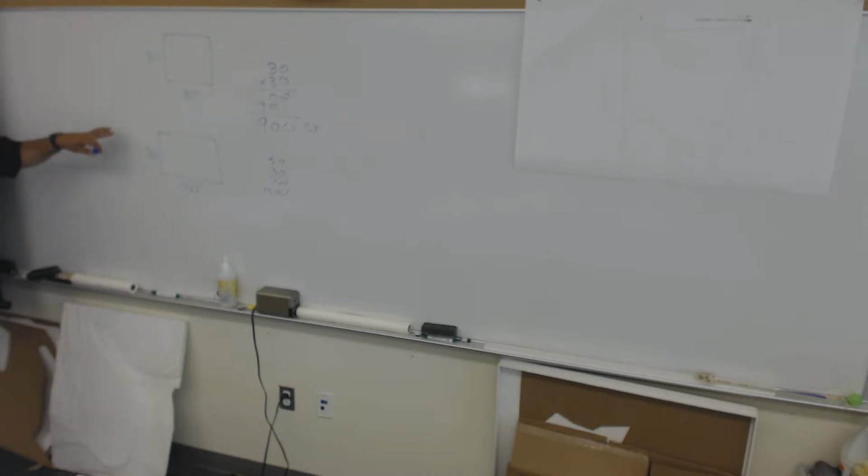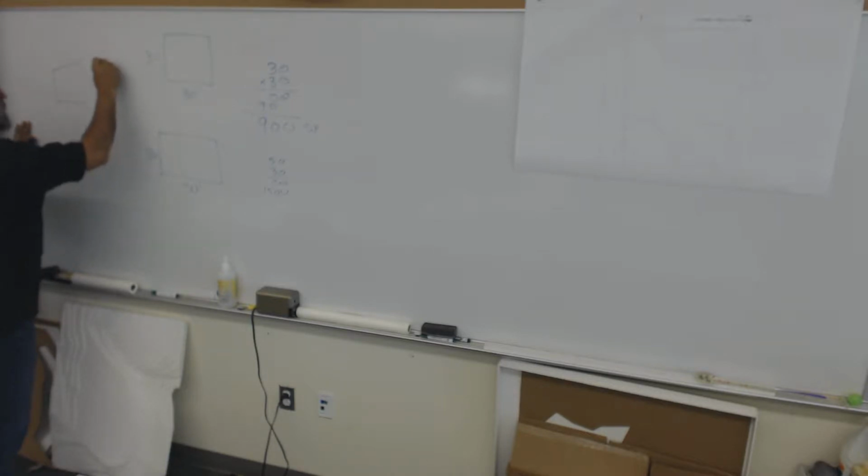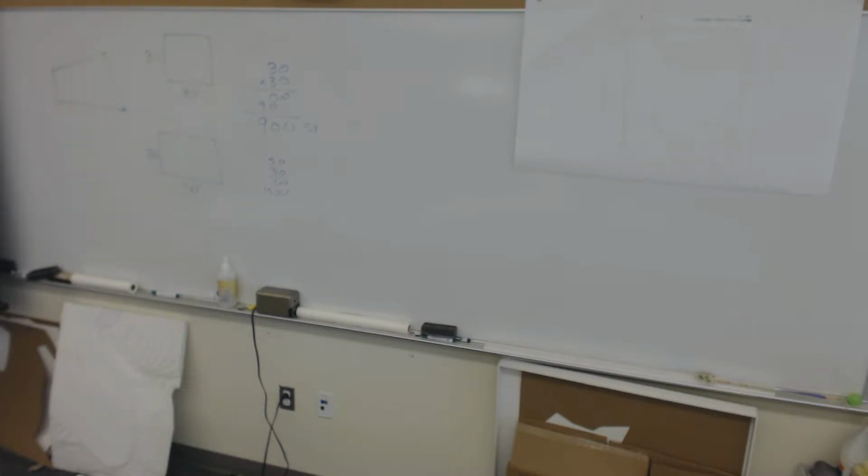So now it gets more complicated than that. What happens if I have a shape that is something like this? How big is that? Let's put some parameters on it.